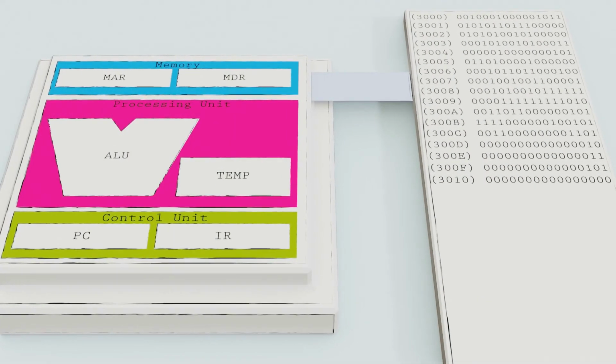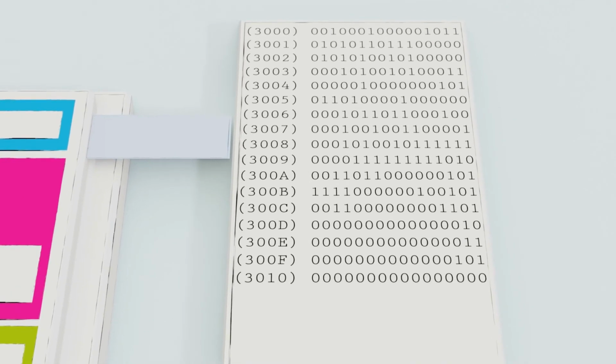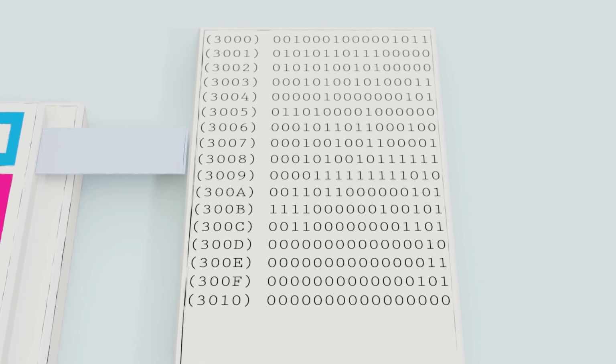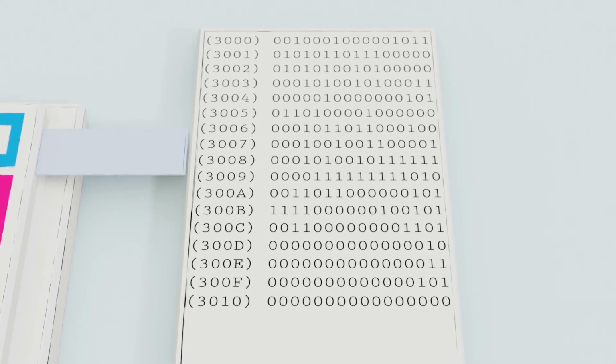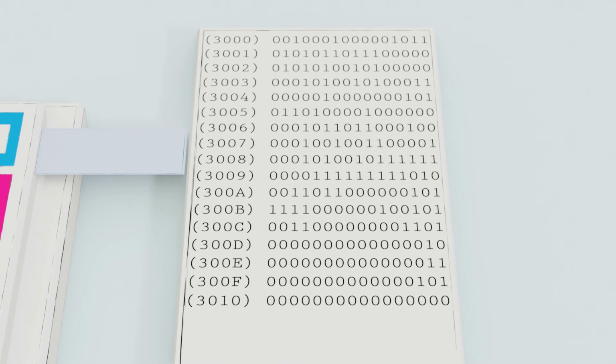Once we have our program turned into machine code, it can be loaded into the computer's memory to be executed. Each memory location is accessed using its address, which I've shown here in hexadecimal notation for convenience. You can see that our program has been loaded at memory location hexadecimal 3000 and that the contents of this location is the binary form of the first instruction.